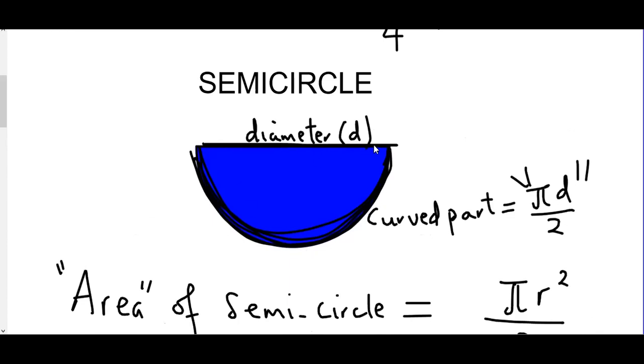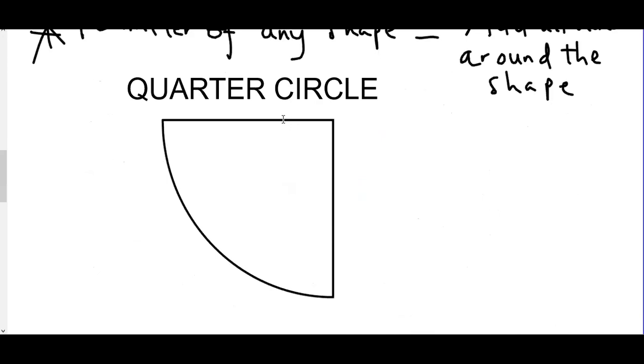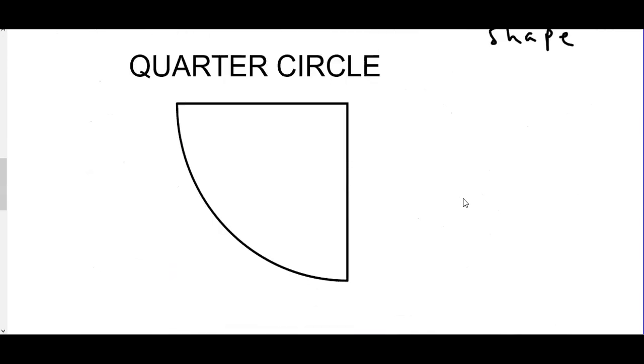The flat side of a semicircle is known as the diameter, and the curved part is known as the curved part or circular part. Now, going back to the quarter circle, a quarter circle has 3 parts.